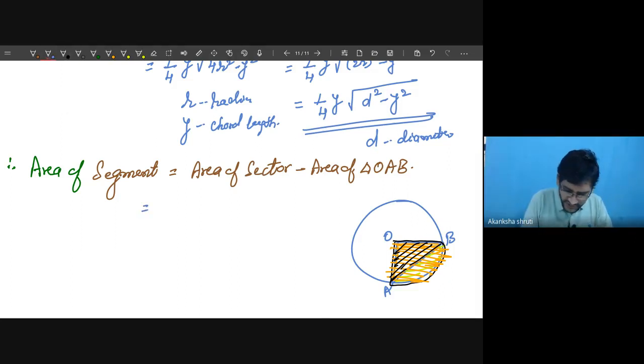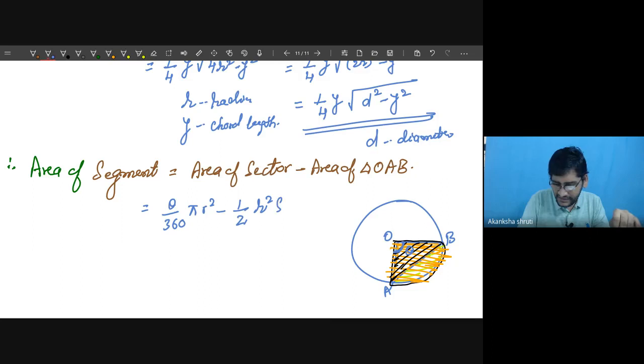So this is equal to the area of the sector in terms of theta. Just keep in mind, theta by 360 into pi r square, minus the area of the triangle in terms of theta, which we have derived as half r square sine of theta.